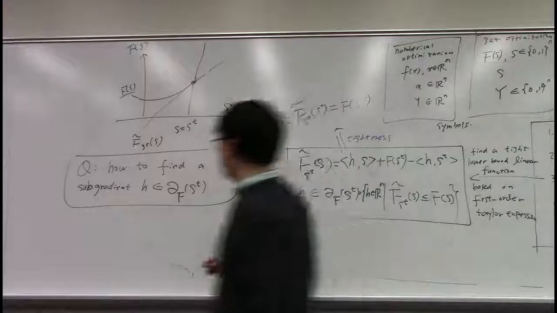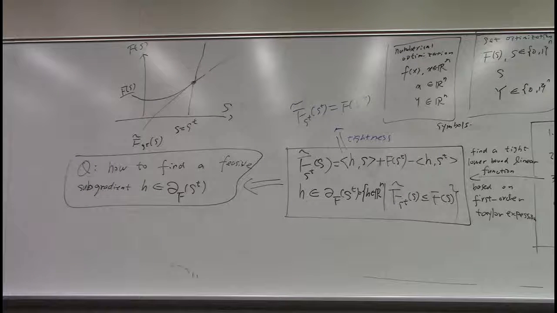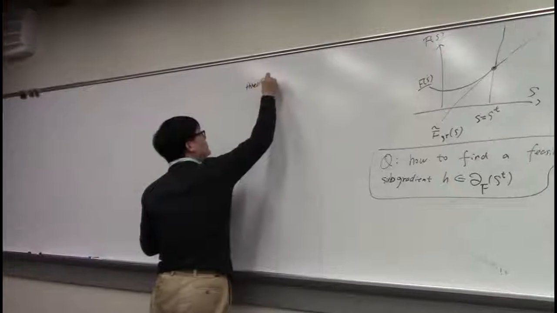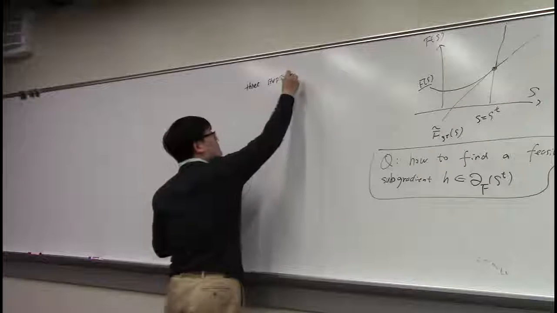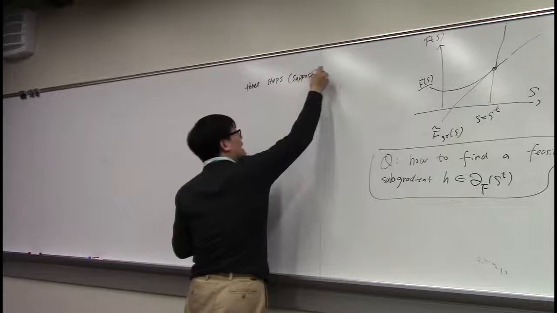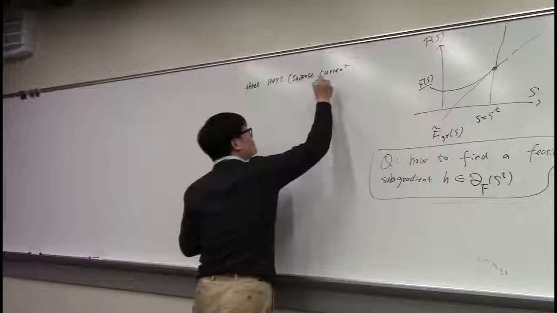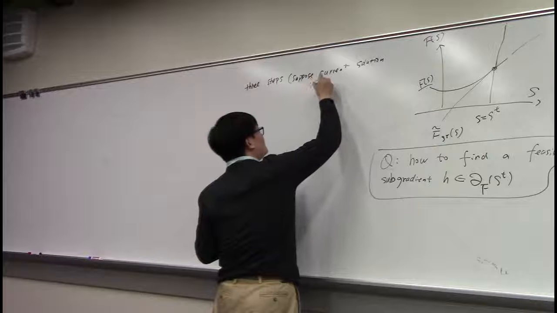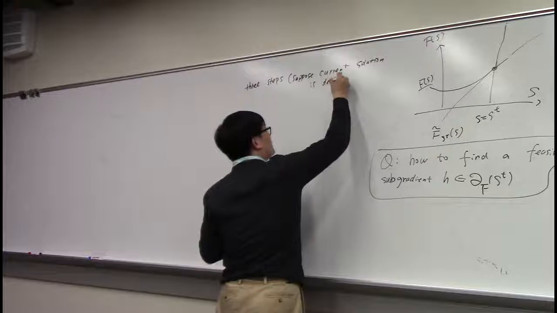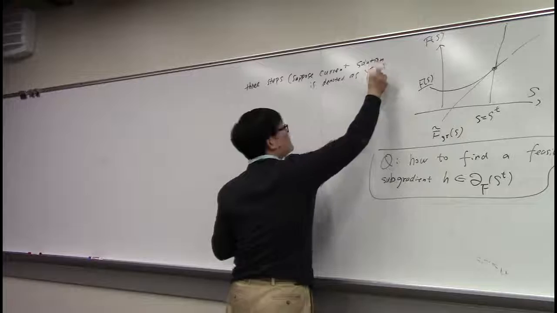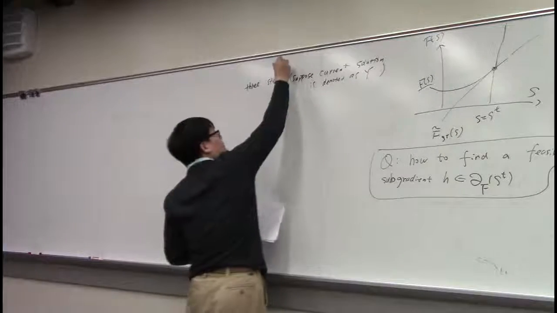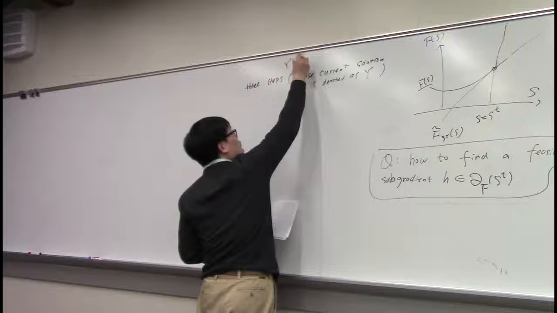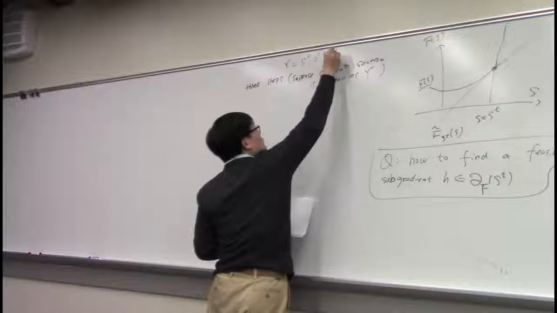So now the question here: how can we find a feasible solution? We have 3 steps. Suppose the current solution is denoted as capital Y. Based on this algorithm, Y equals S0, S1, S2, right?